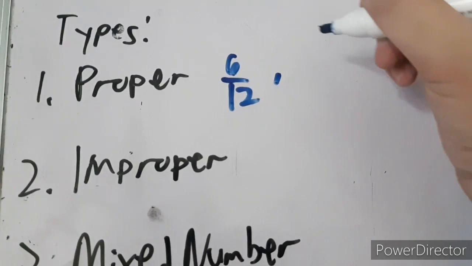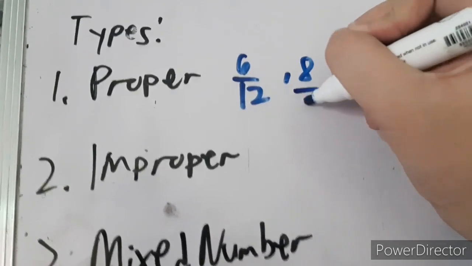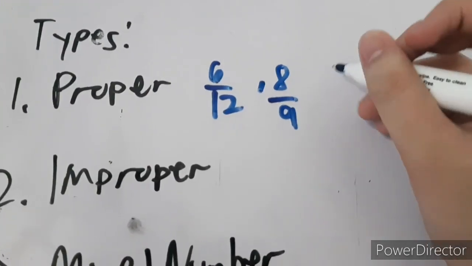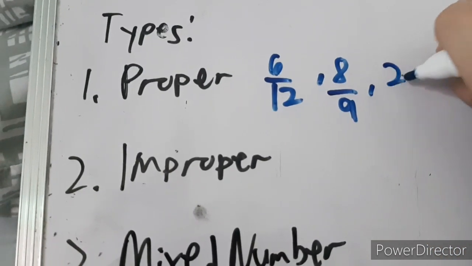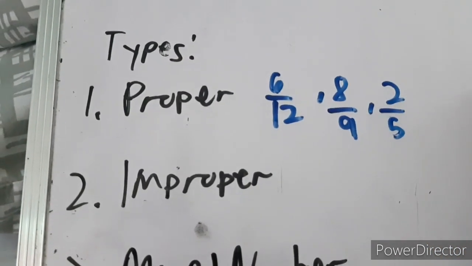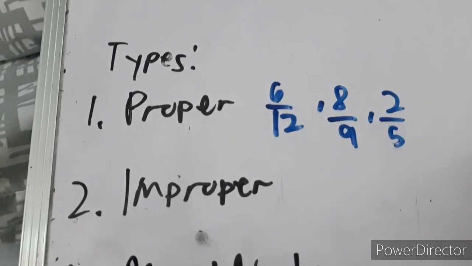Proper fraction siya. Another one is 8 over 9, which is also the proper fraction, and 2/5. Proper fraction siya din.